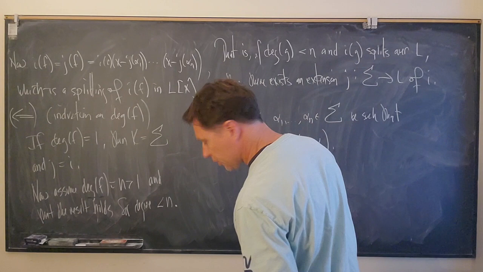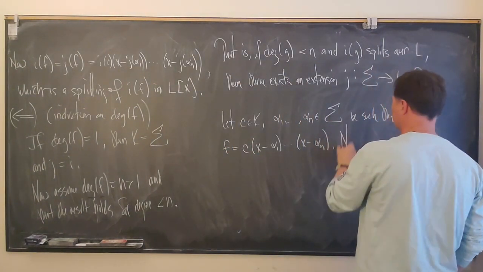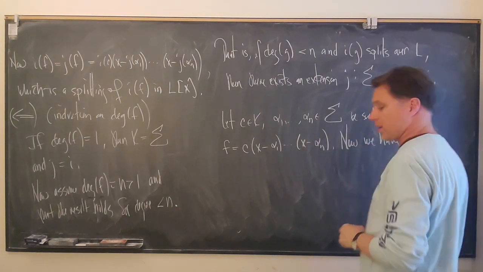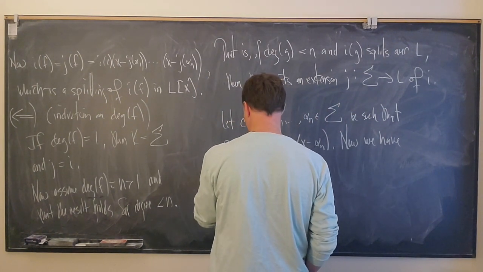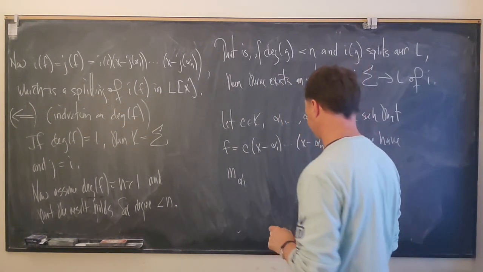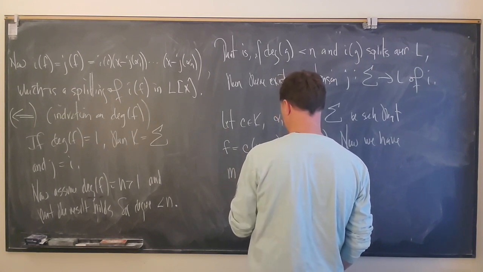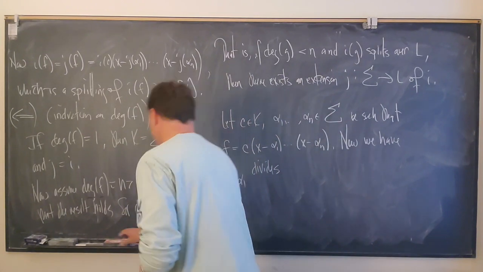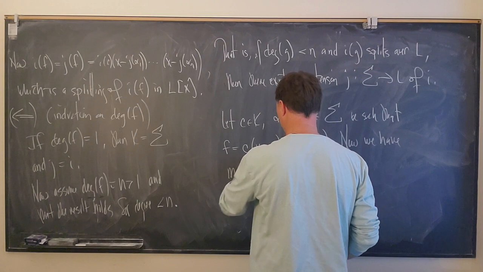So now I want to just look at that first root. I want to look at the minimal polynomial, so m sub alpha 1. This divides, and this is of course happening in K bracket x.